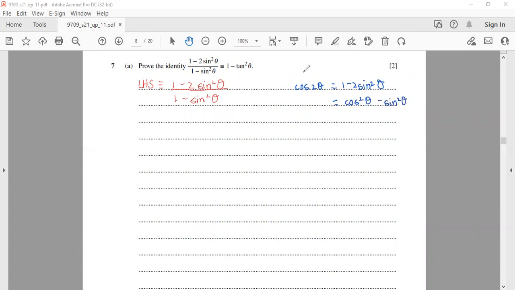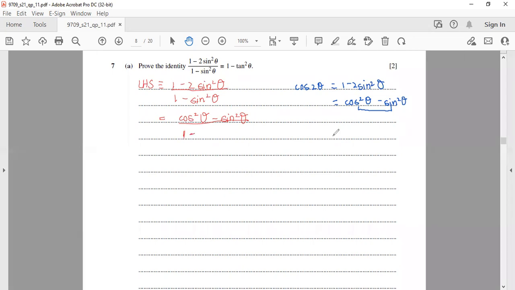Because the identity we have to prove doesn't have a double angle for tan, we will not make use of cos 2 theta. Instead, we can make use of this. So this can be rewritten as cos squared theta minus sine squared theta over the root of 1 minus sine squared theta.